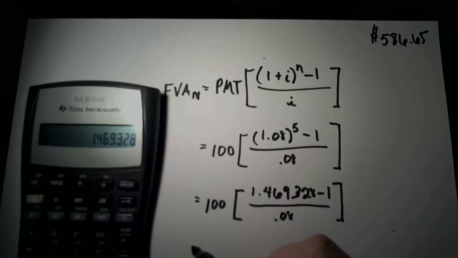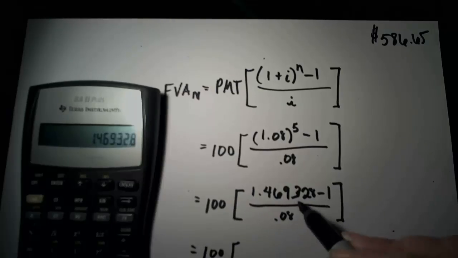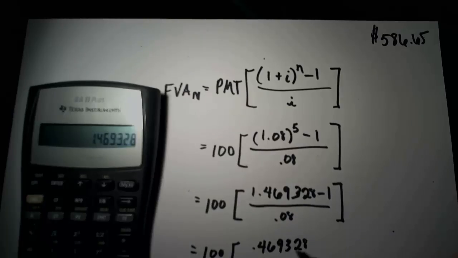When we subtract 1, we end up with 100 times 0.469328 divided by 0.08. Then we take the 1 out of here and divide by 0.08.